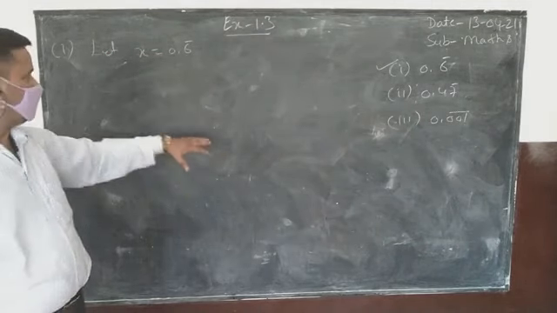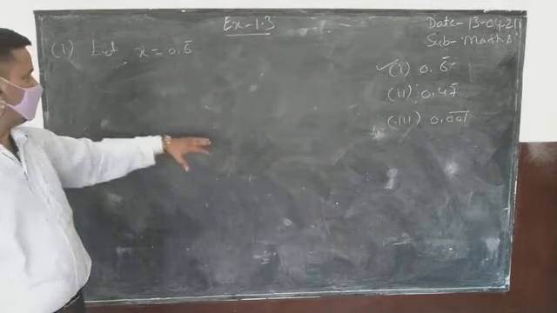After that, you will multiply by 10. Why do you multiply by 10? Because only one digit is repeating, only 6 is repeating. Multiply by 10 in equation first.